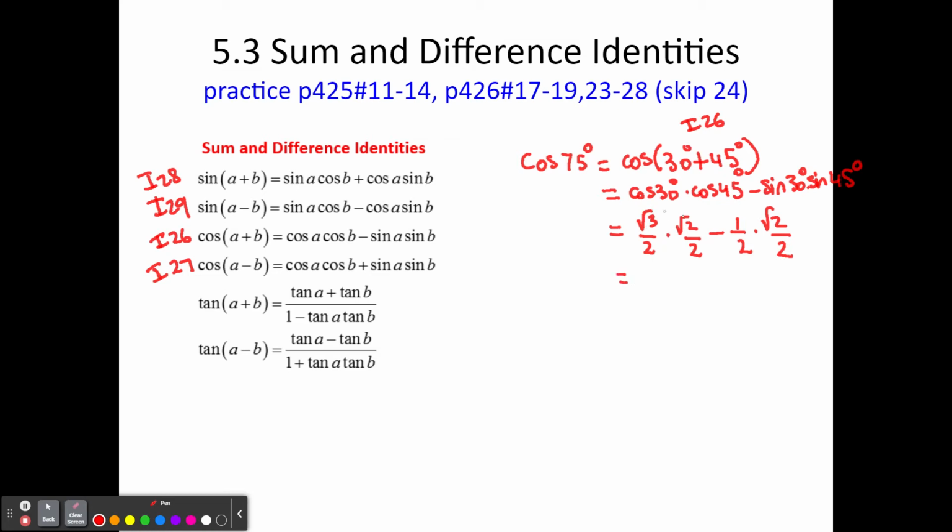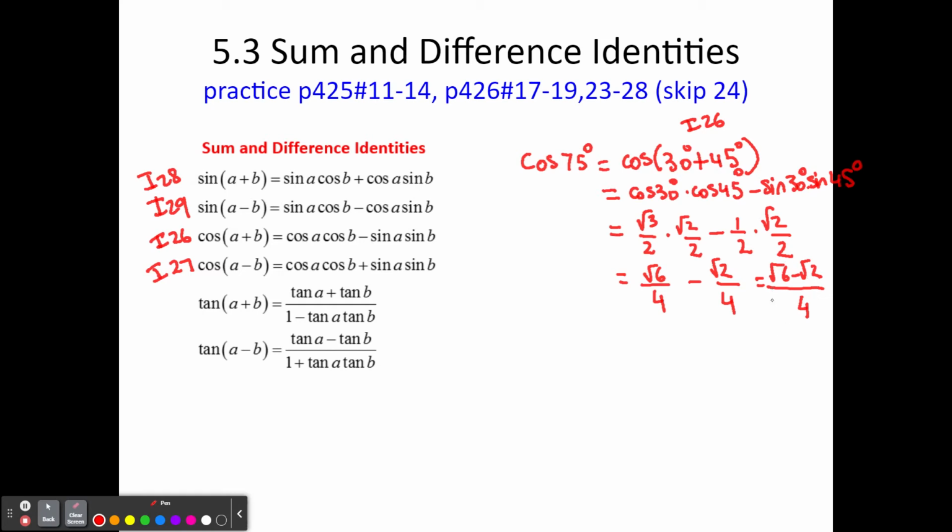Multiplying fractions, I multiply numerator by numerator, denominator by denominator, and same for the second term. And I can write this using the same denominator, which is square root of 6 minus square root of 2 over 4.